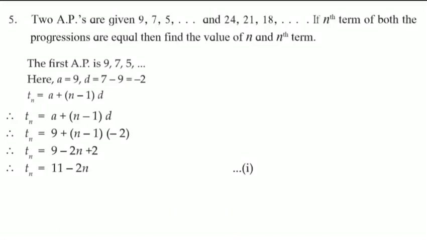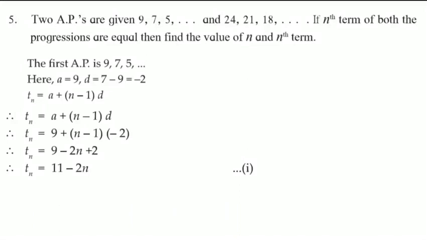So write down the formula of Tn. Tn is equal to a plus n minus 1 outside the bracket d. Therefore, Tn is equal to, in place of a, you have to write down 9. Tn is equal to 9 plus n minus 1. Inside the bracket again you have to write down minus 2 because d is negative. So make use of the bracket.